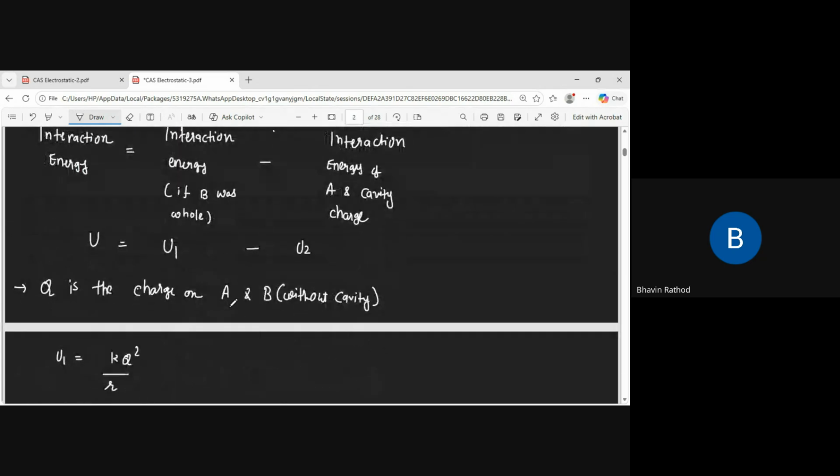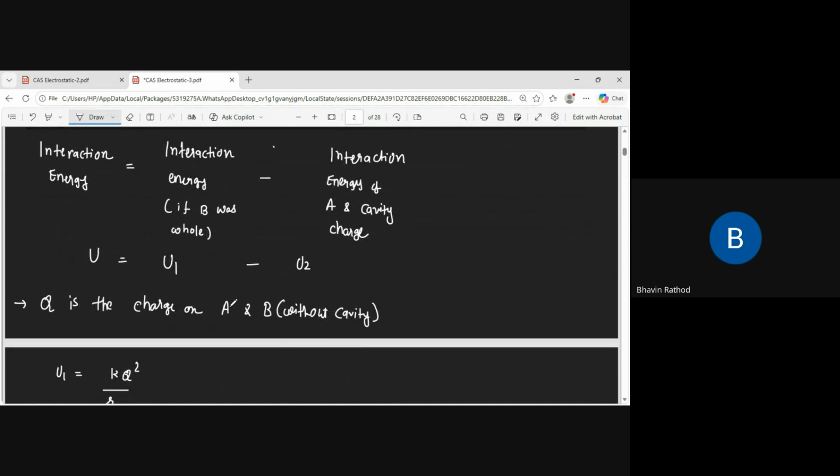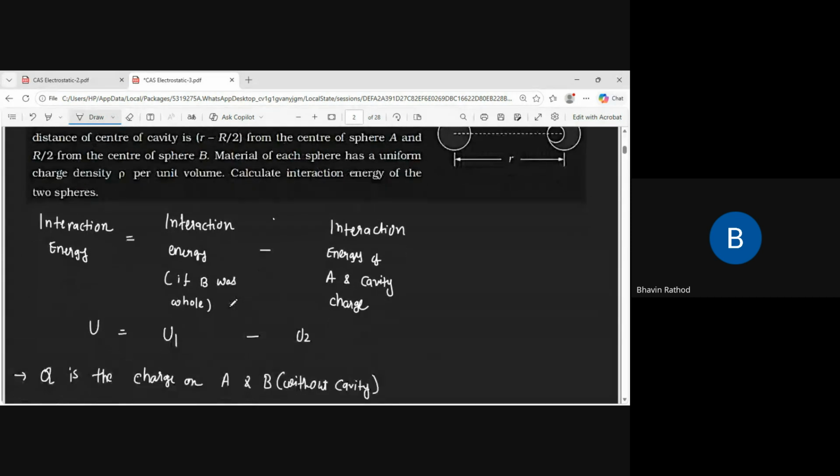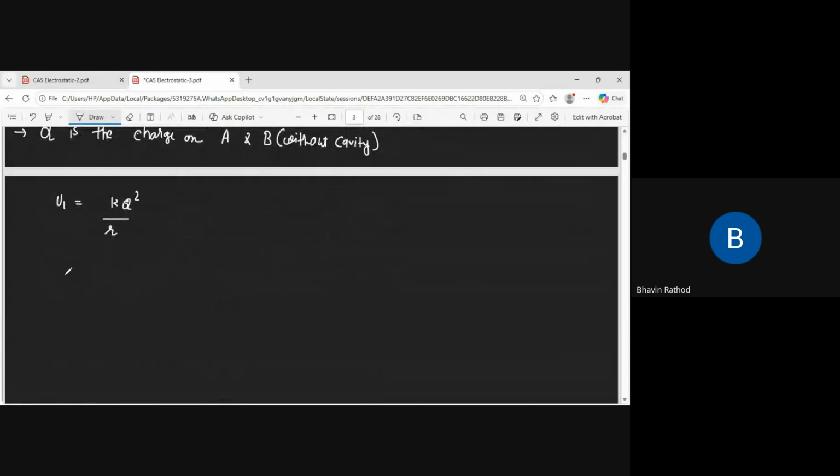Now let us try and find out what is U2. For U2, we will consider this system. This is sphere A, this is sphere B here, and the cavity is here.